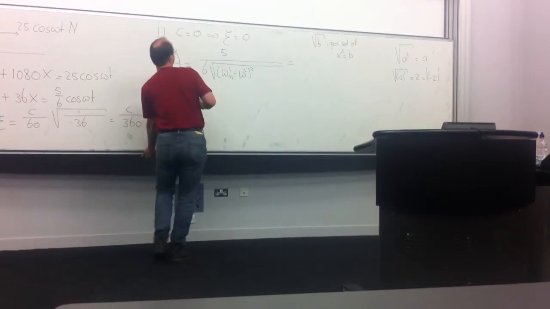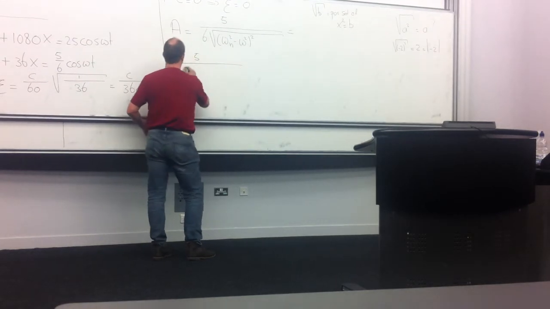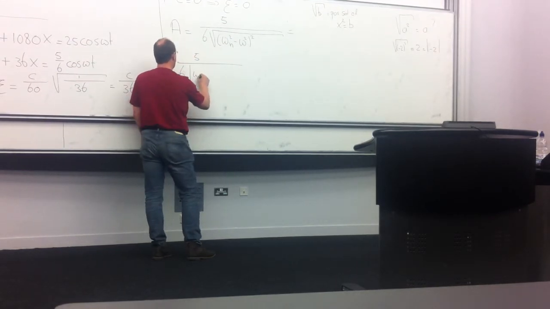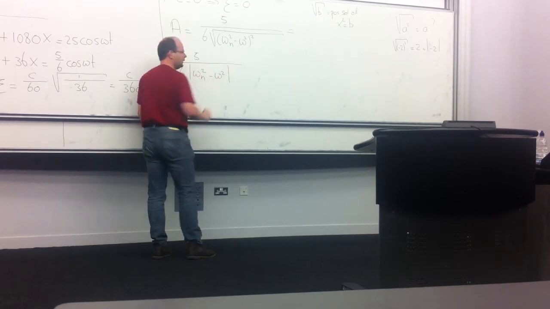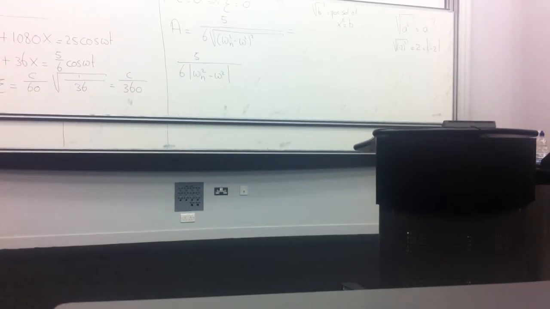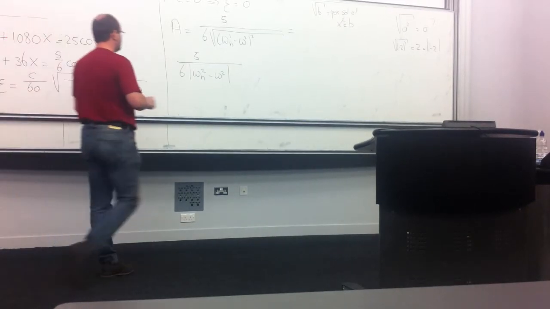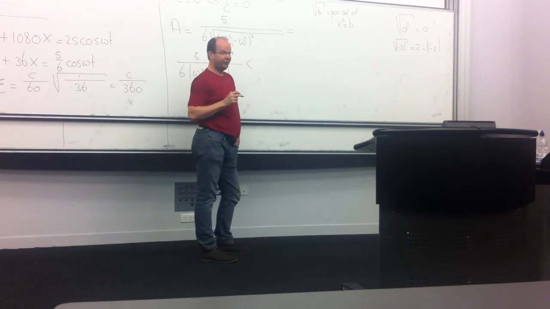So this is 5 divided by 6 times the modulus of omega n squared minus omega squared. And we want this to be smaller than 75 millimeters.